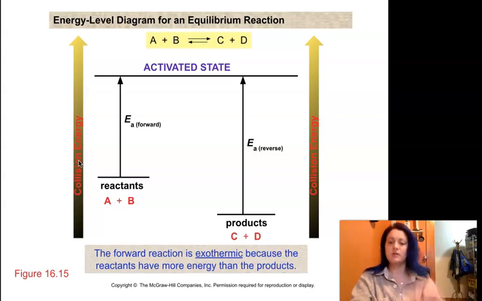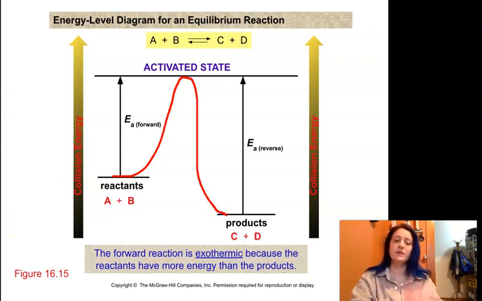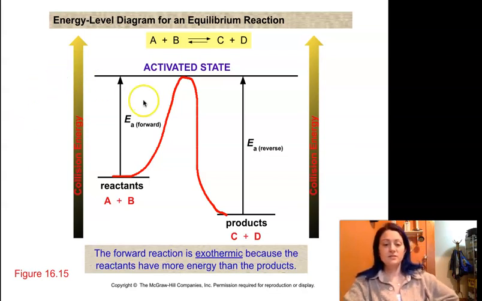When you look at an energy diagram, this is basically a potential energy diagram, so it may look more familiar to you in this way. Now for a reversible reaction, the given reaction here is A plus B goes to C plus D, where your reactants are given on the left, your products are given on the right. The forward reaction is read from left to right. The reverse reaction is read from right to left.